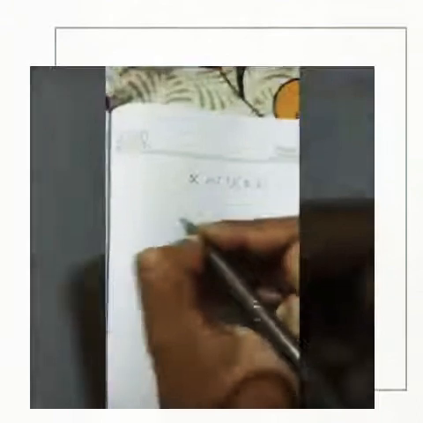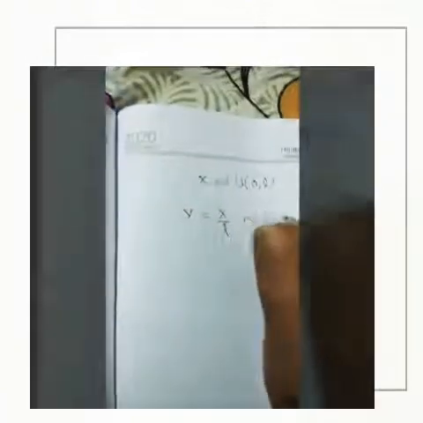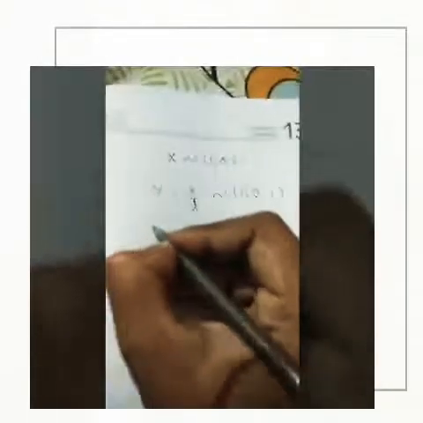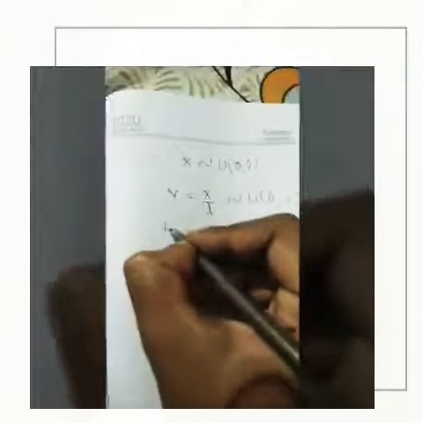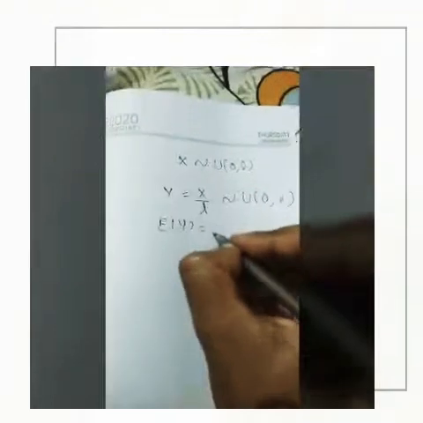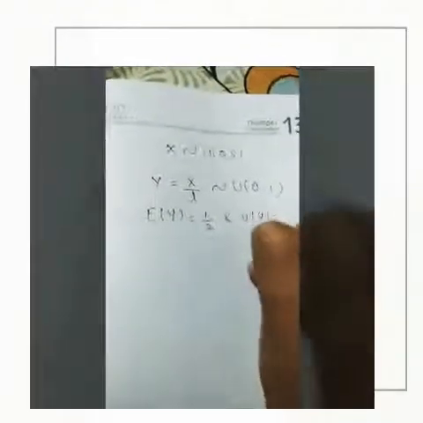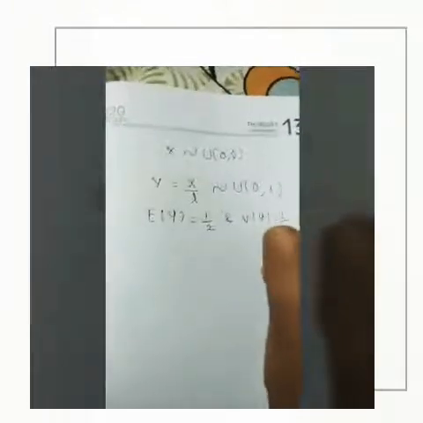Then y equal to x by L follows uniform 0, 1. As we know, the expectation of a uniform 0, 1 random variable is 1 by 2 and its variance is 1 by 12.